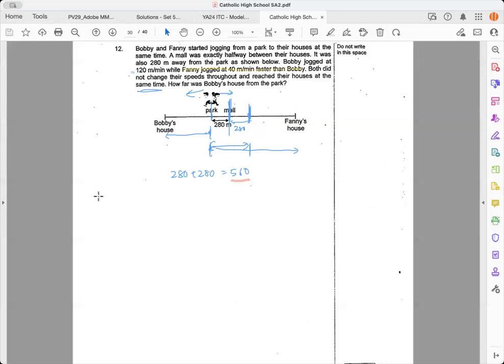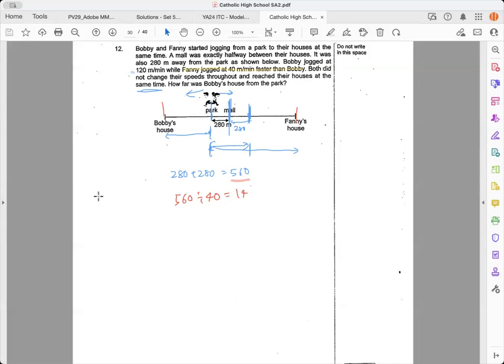And how long does it take? 560 divided by 40. We get 14. So what this means is that it took Fanny 14 minutes to travel 560 meters more than Bobby, which is also the time taken for them to reach their respective house.